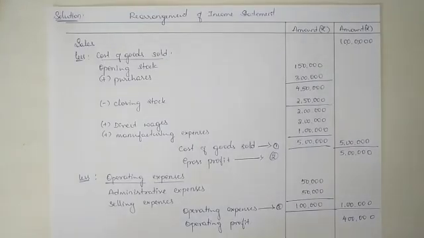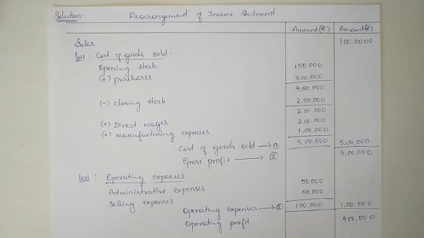So the income statement and the balance sheet are going to be rearranged for our convenience. Otherwise, while calculating the ratios for each specific item, we need to do many working notes.